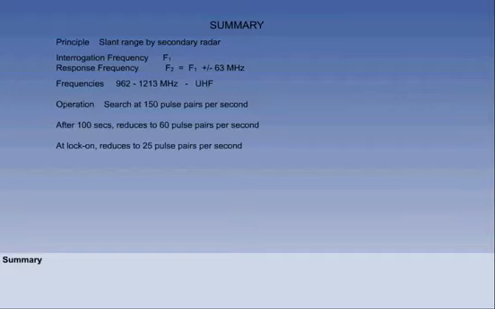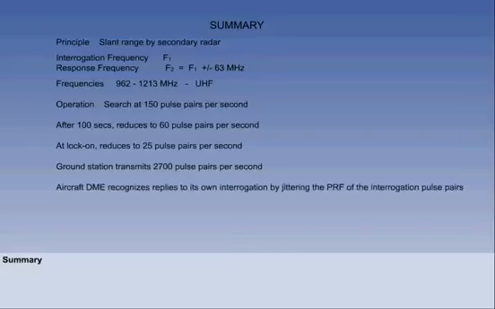The ground station transmits 2,700 pulse pairs per second. The aircraft DME recognizes replies to its own interrogation by jittering the PRF of the interrogation pulse pairs. The system saturates if more than about 100 aircraft interrogate simultaneously.